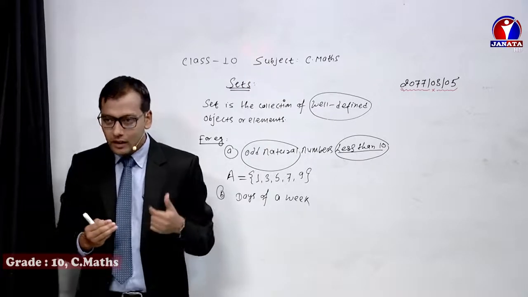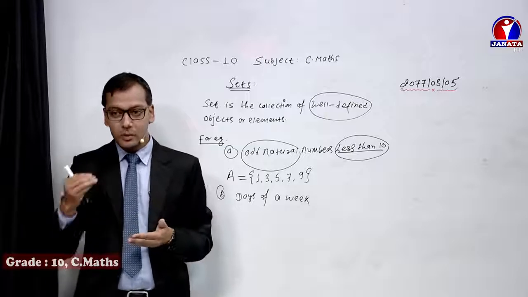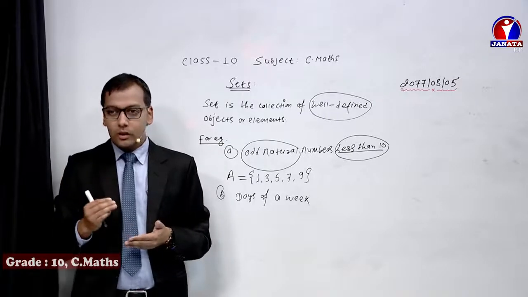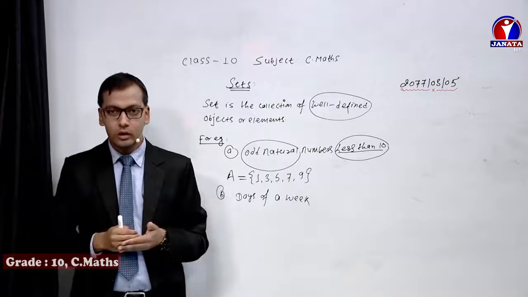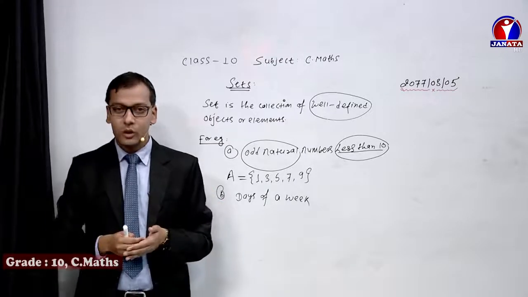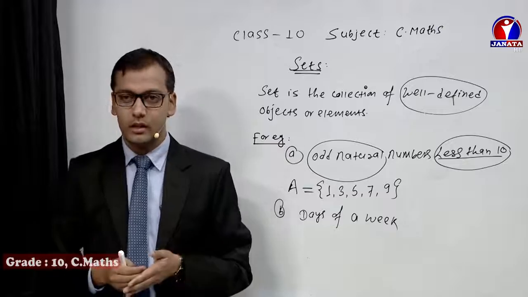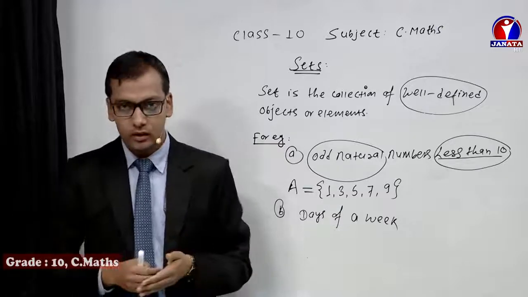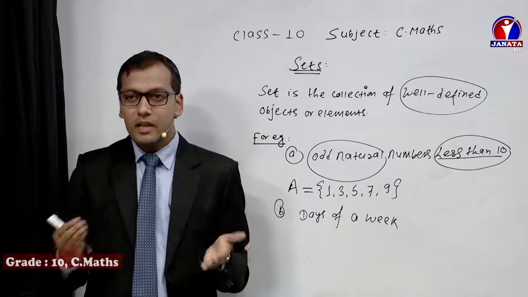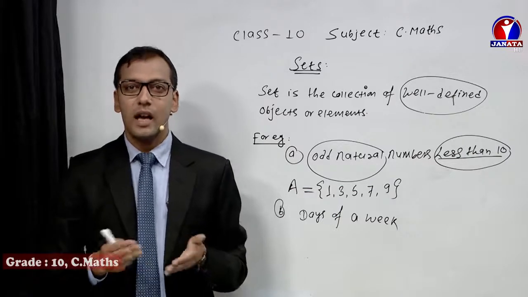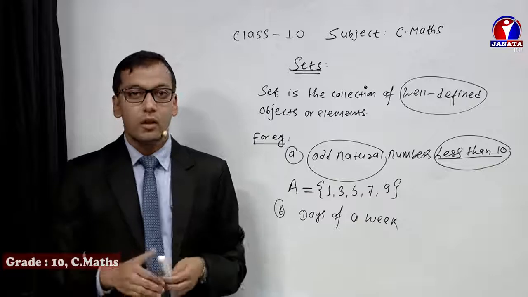Let me repeat it again: the top most creative person of the world. Do we know who the top most creative person of the world is? No, because this is not clearly defined. There is a chance of getting different answers because different persons have different opinions.